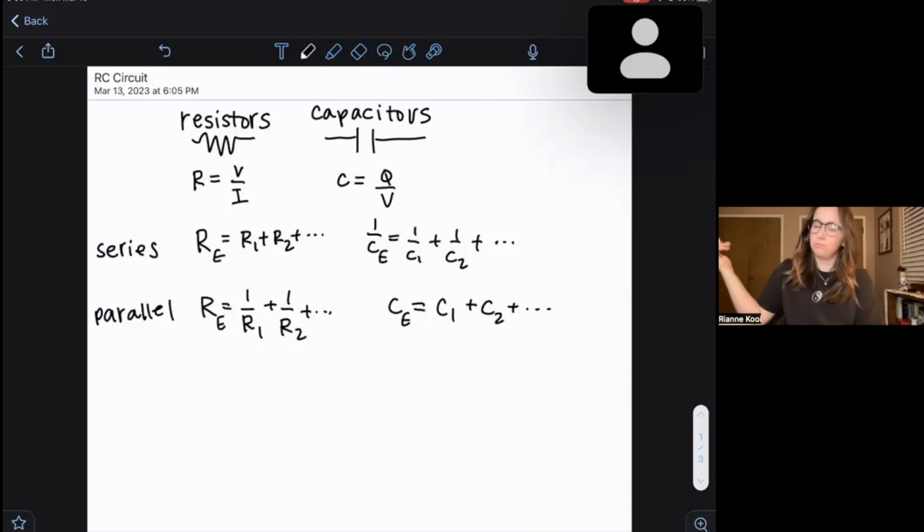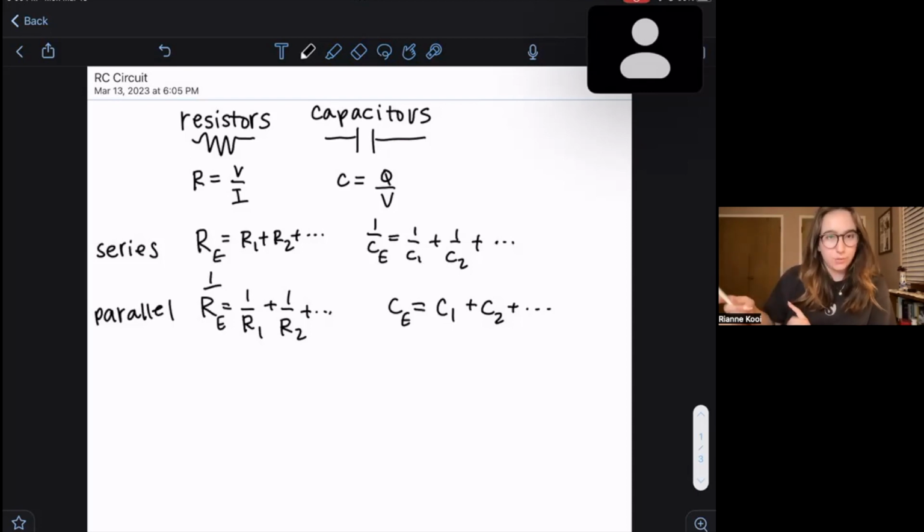Just to briefly go over it, resistors in series add together. So if you have all three in a row, then they just add together. However, if they're in parallel, it's the inverse. This should be 1 over, sorry, the inverses add.